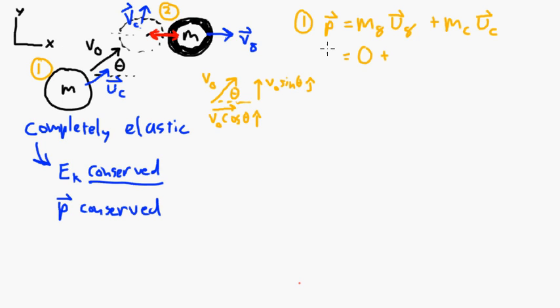So what we have here is mc, the mass of the cue ball, times v naught times cosine theta times i hat plus sine theta times j hat, and that is going to be our initial momentum.